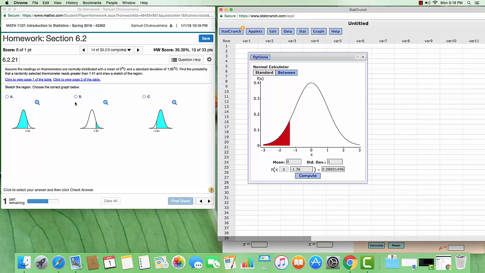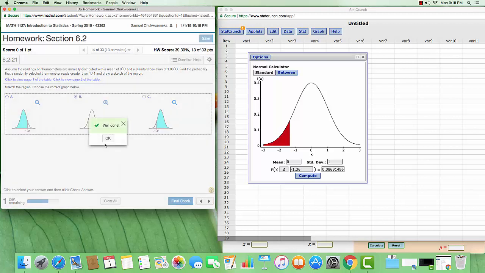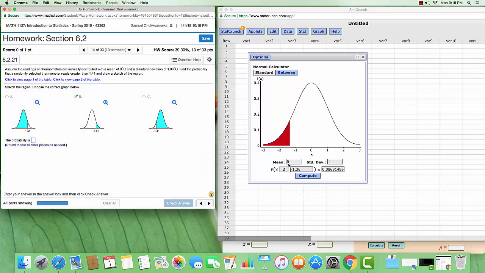Greater than 1.41 is this. Of course, 1.41 is to the right of the center, the peak is the center. So to the right of it, this is a positive z-score. The probability, we come here, and we're going to change this to greater than.